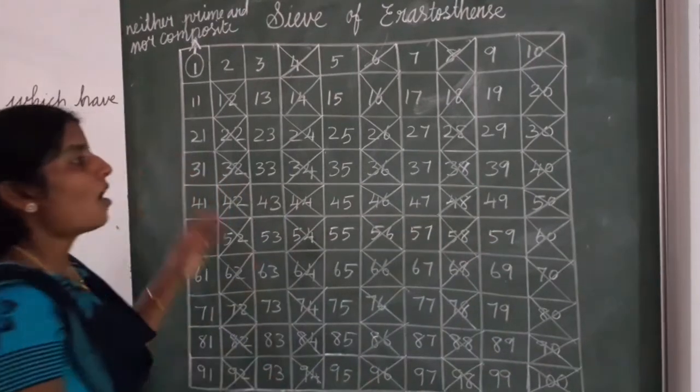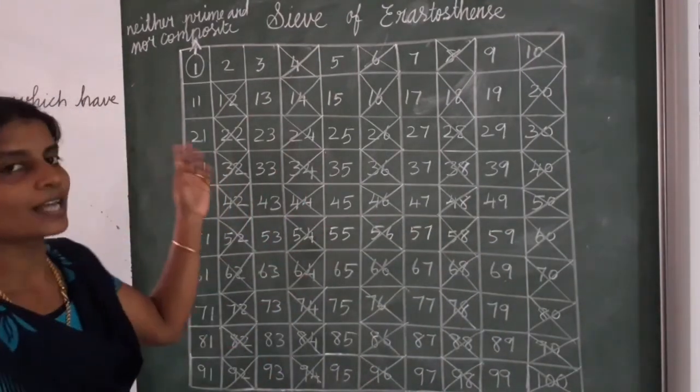Now we have crossed out all even numbers, the multiples of 2.